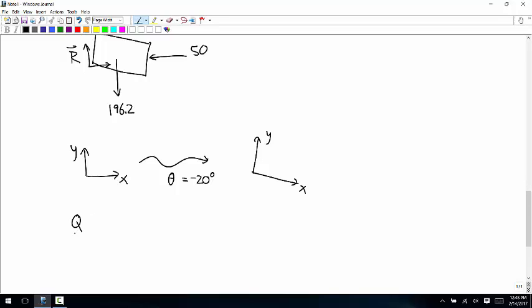And so your rotation matrix is cosine of negative 20, sine of negative 20, negative sine, cosine.